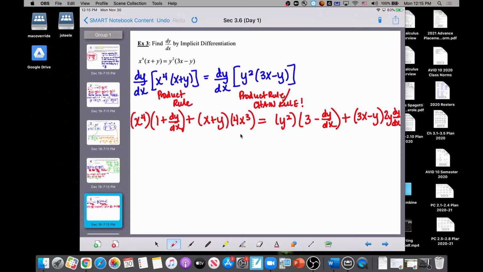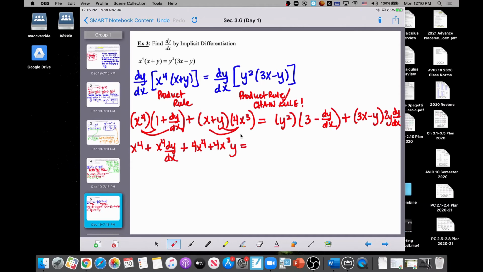Okay, so now we have some cleaning up to do here. We have some distributive property on both sides of the equal sign. X to the fourth times 1 is x to the fourth. X to the fourth times dy dx is x to the fourth dy dx. Plus 4x cubed times x is 4x to the fourth, and 4x cubed times y is 4x cubed y.